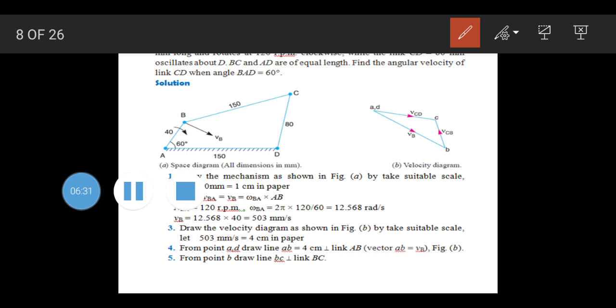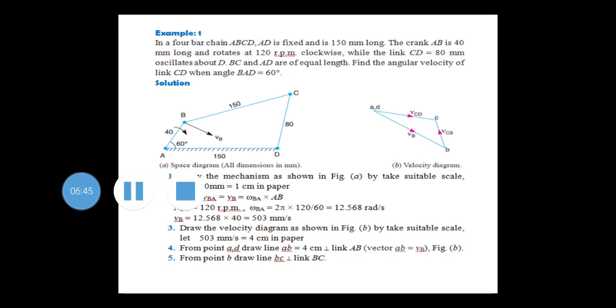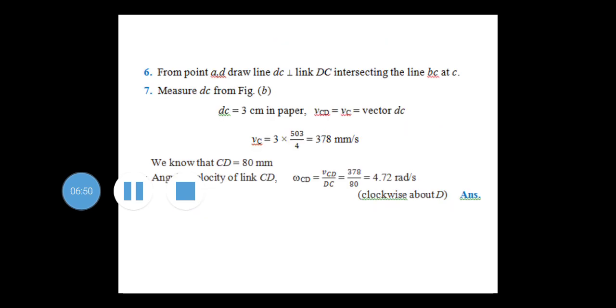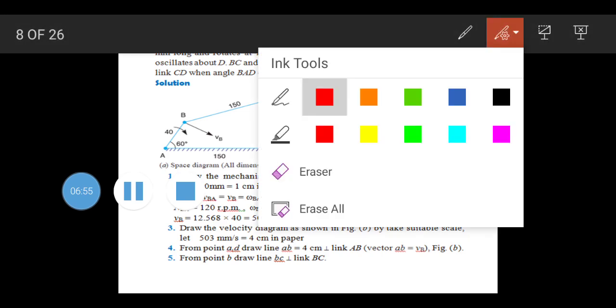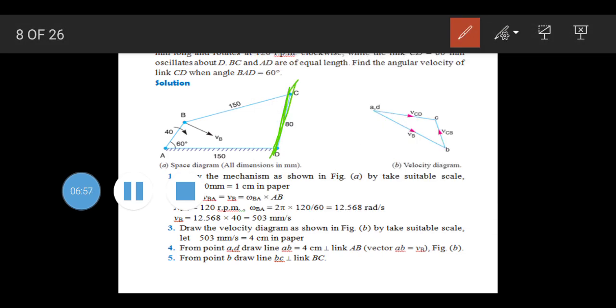Once we draw it from point B, the next step is to draw, once again, a perpendicular line through CD. So the next step is to draw a perpendicular line to CD. If this is the line, the perpendicular line will be like this. Let me show you with the highlighter.